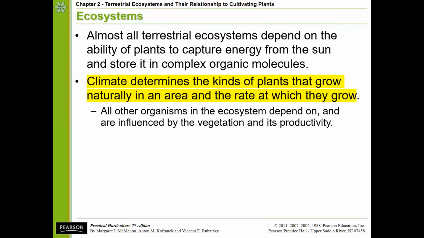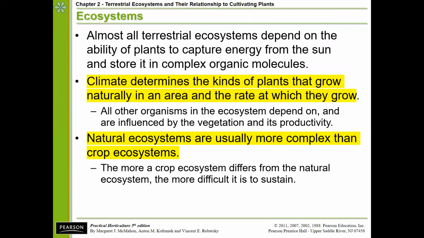Moving on into ecology and ecosystems. This is a big deal, and something that I saw on some of the quiz questions. Climate is the main factor that determines the kind of plants that grow naturally in an area, but also what we can grow crop-wise in an agro-ecosystem, as well as the rate at which they grow.